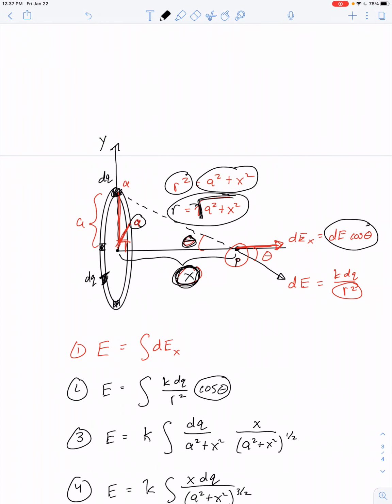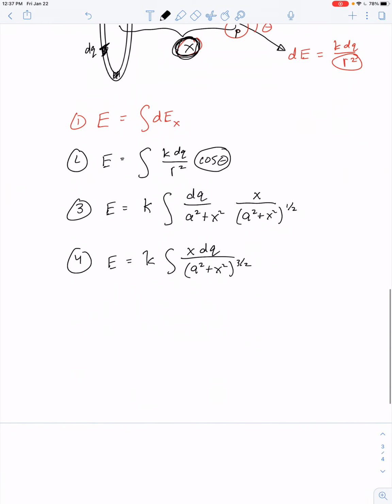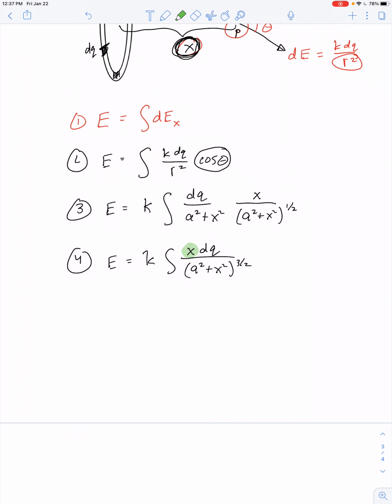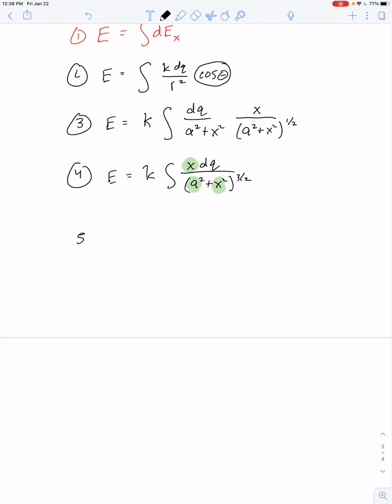And of theta. Here I'll highlight them all in green. It looks like x is constant, a is constant. Oh, so I can take all this out of the integral. It looked like it was going to be more difficult than it really is.